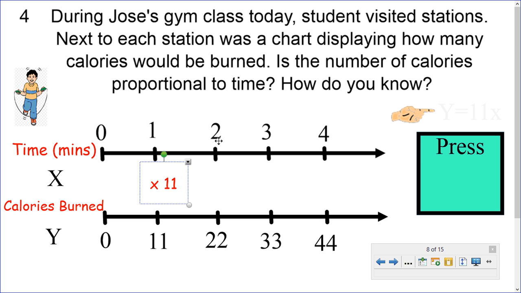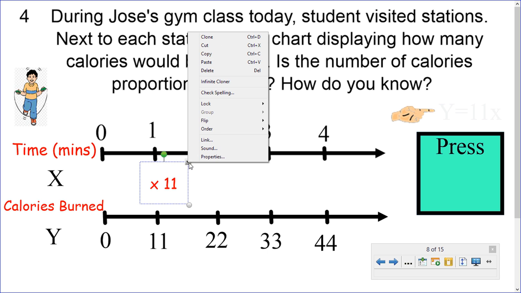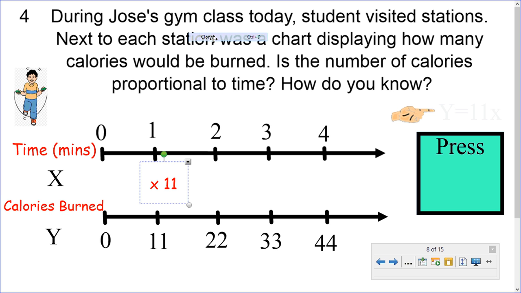And now I'm looking to see if that's going to be constant, or constantly appearing, when I multiply 11 times the other values, just to see if they come out to this y value, the calories burned. So 2 times 11 equals 22 calories burned. So if I spent 2 minutes on the jumping rope, I would end up with 22 calories burned.